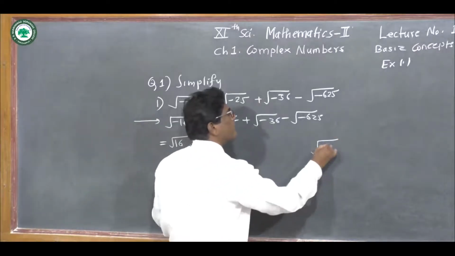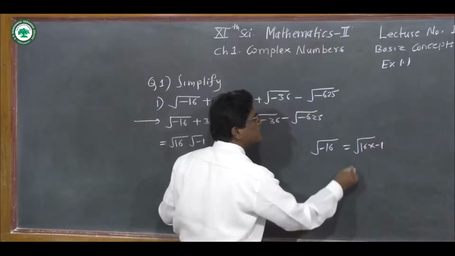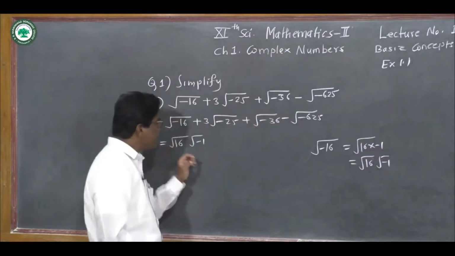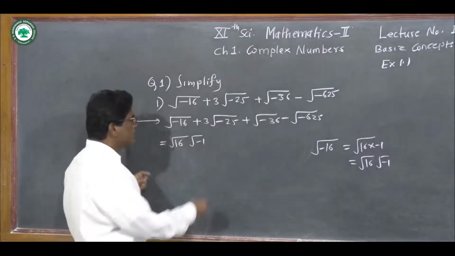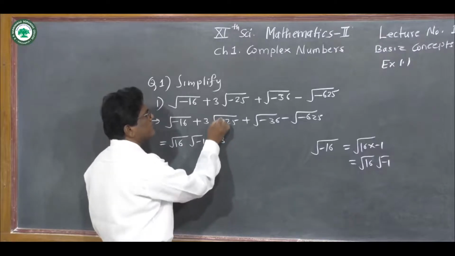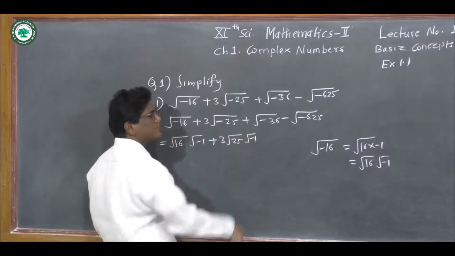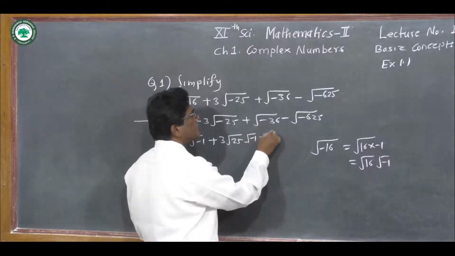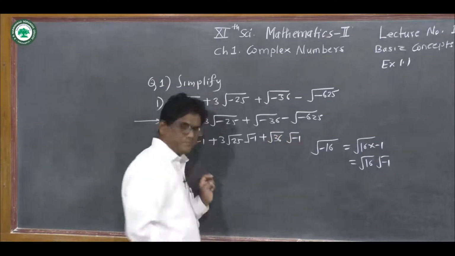Here root of minus 16 means root of 16 into minus 1, and we separate the roots, root 16 into root minus 1. Plus here 3, also write root of 25 into root of minus 1. Here also write root of 36 into root of minus 1.